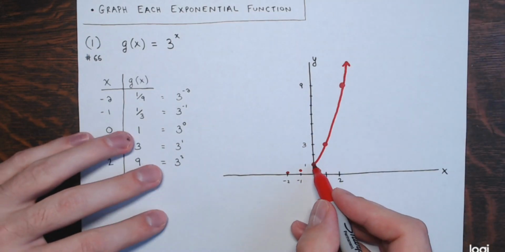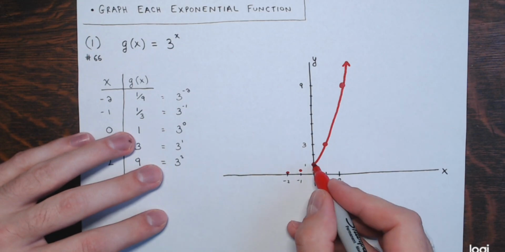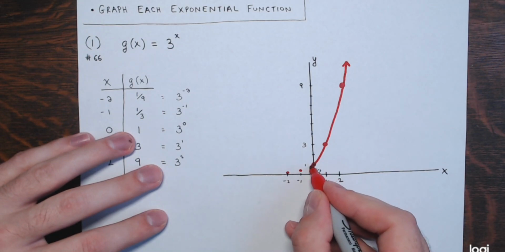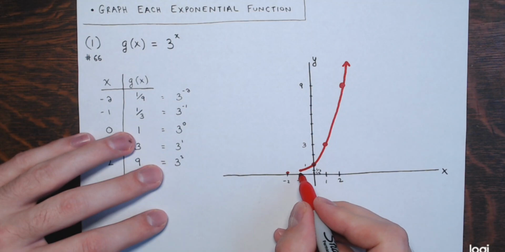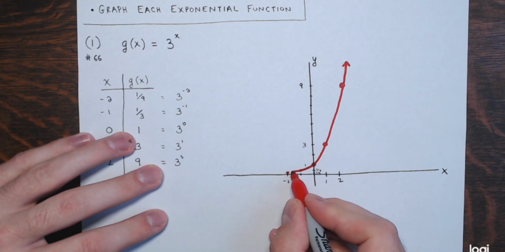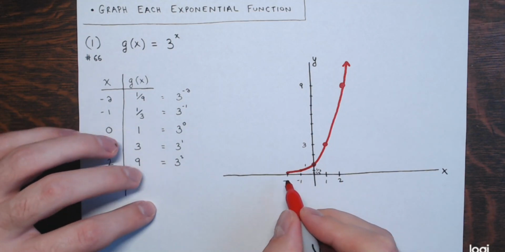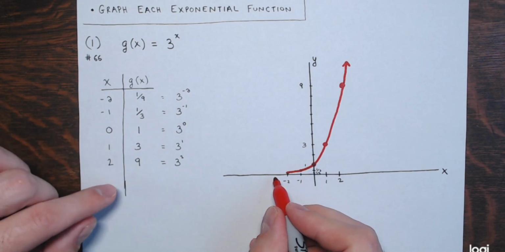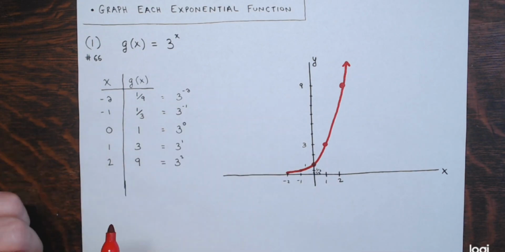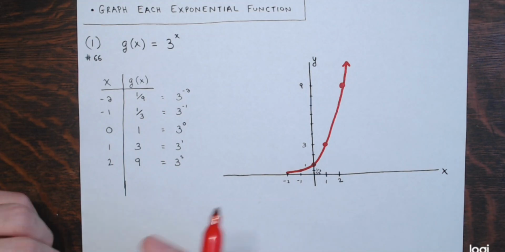But going the other way from the point 0, 1, it's going down, but very slowly. -1, 1/3, -2, 1/9. And if you were to plug in -3, 3 to the -3 would be positive 1/27th.